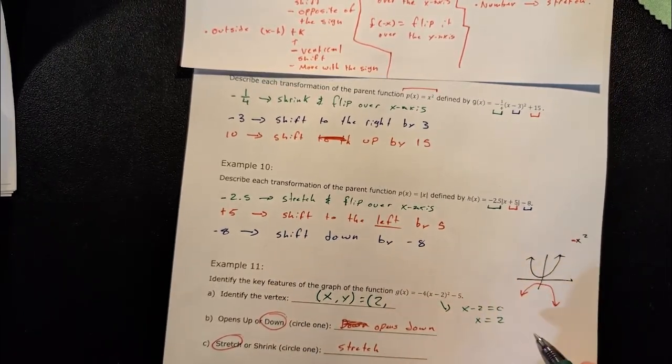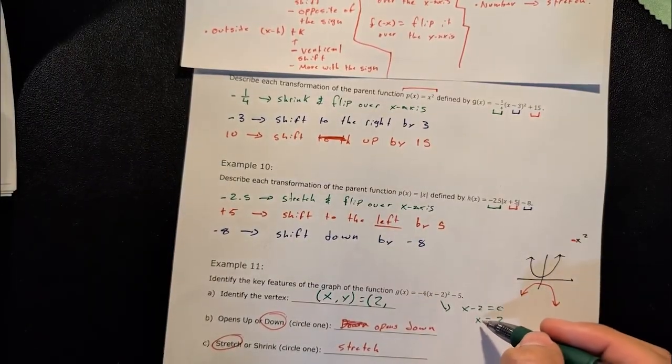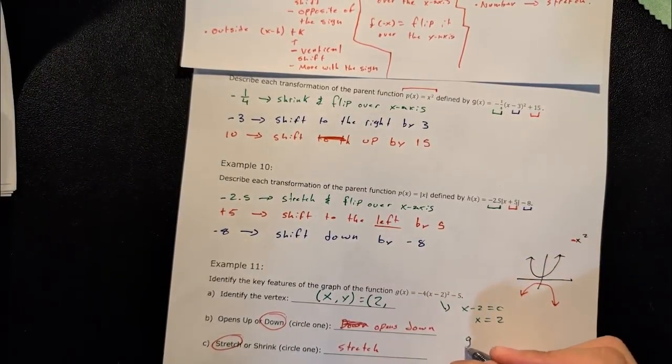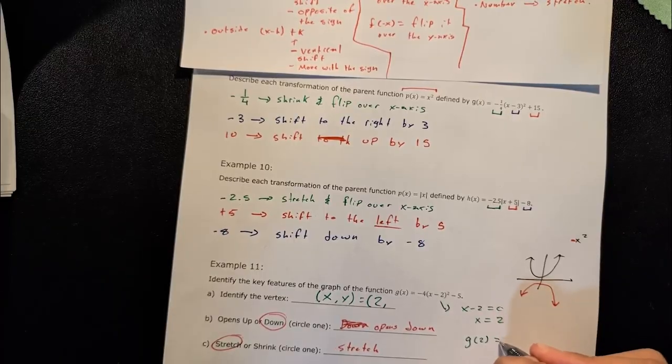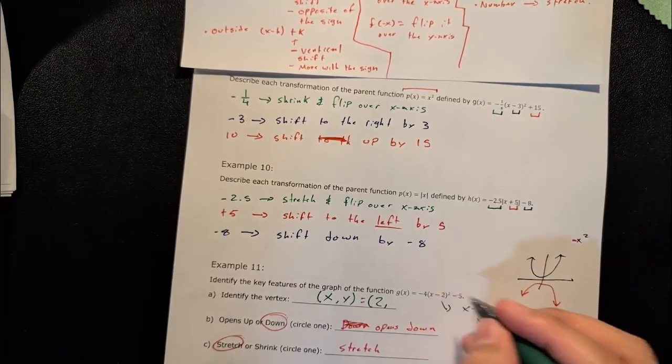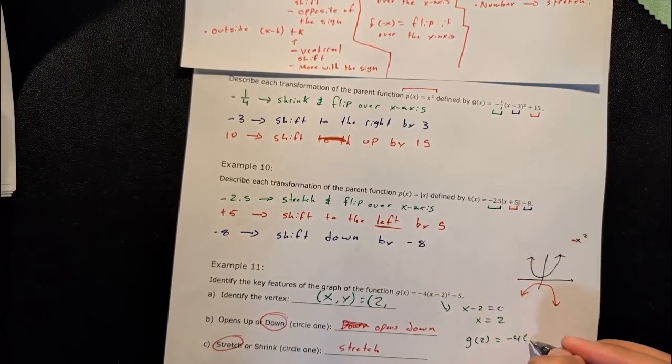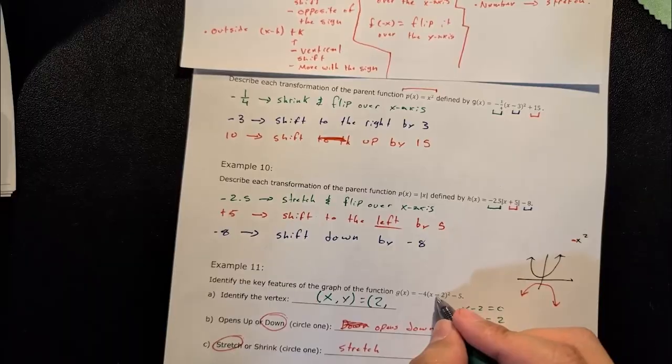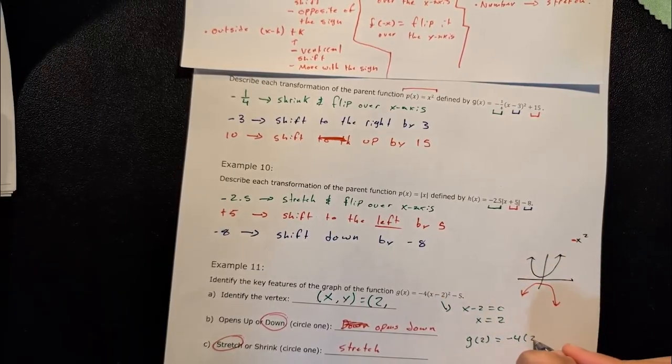Now, how do I find my y value? Well, I just have to plug it in. So g of 2: whatever my x value is, I plug it in, and whatever I get out, that's my y value. So g of 2 is negative 4 times (2 minus 2) squared minus 8.